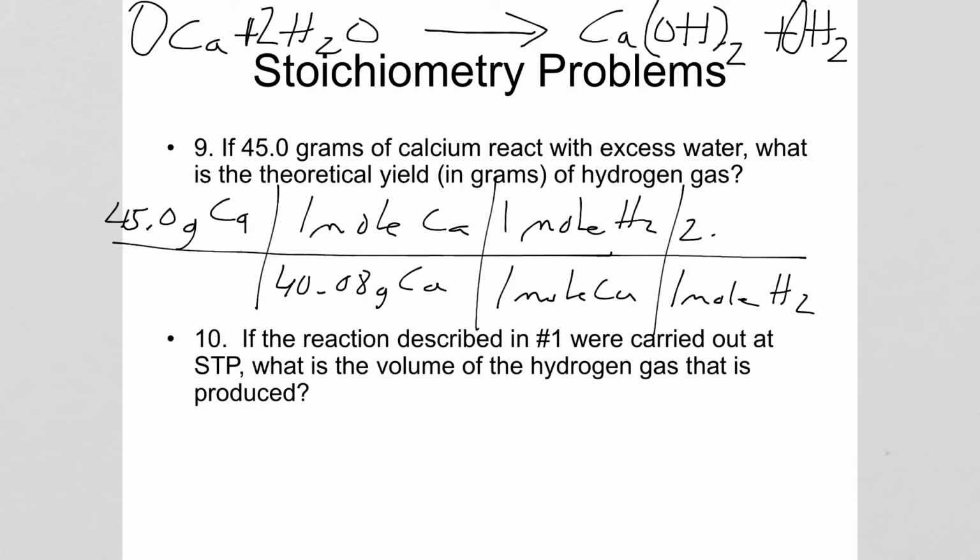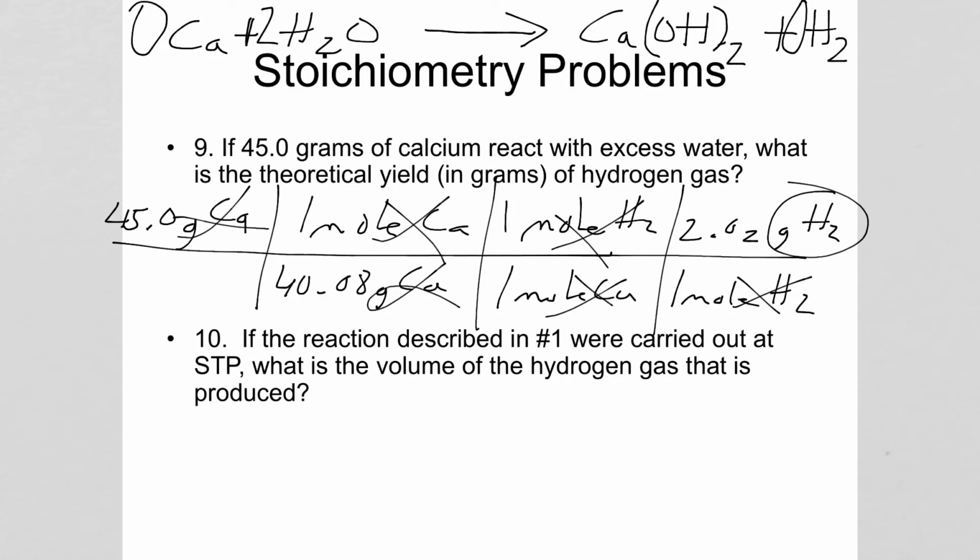The molar mass of H2 is 2.02 grams per mole. So we cancel out all our units. Only thing that doesn't cancel is grams of hydrogen. We multiply across the top. We divide by the bottom. And when we do that, we end up with a theoretical yield of hydrogen of 4.54 grams of H2.